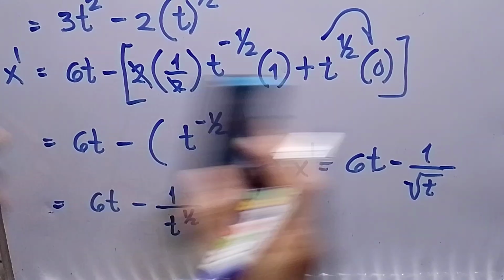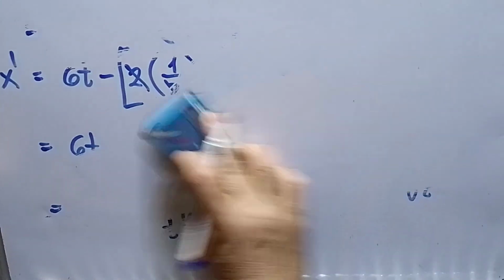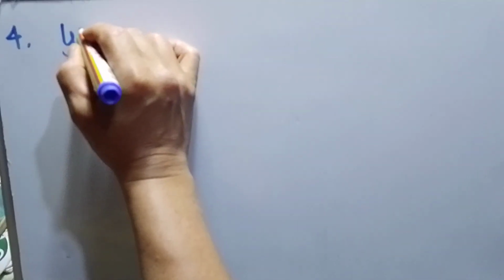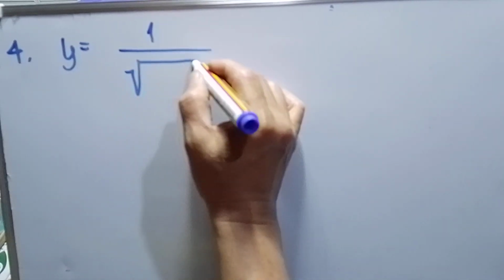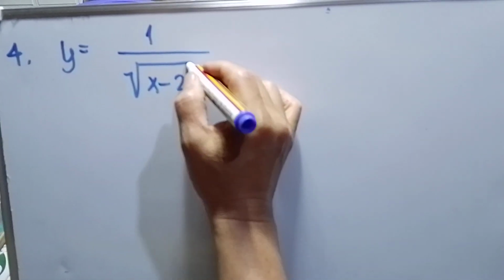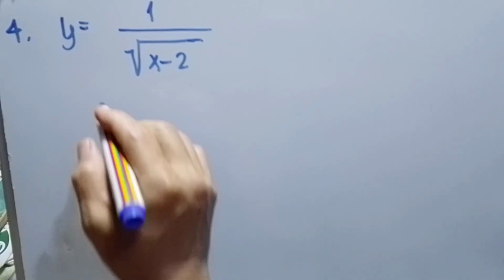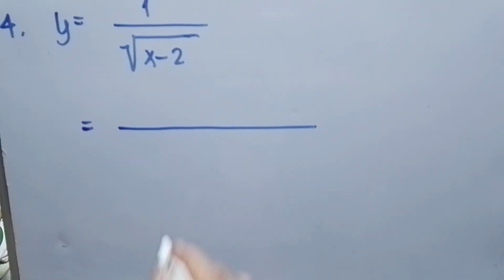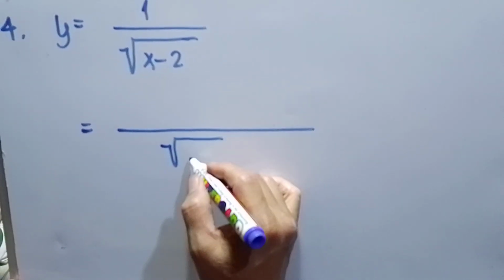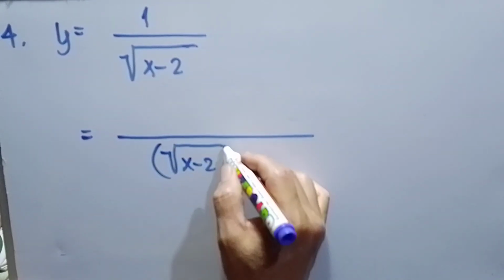Now the last number, number 4. Number 4 is y is equal to 1 over square root of x minus 2. So the same, this will be the quotient rule. This will be square root of x minus 2 squared.